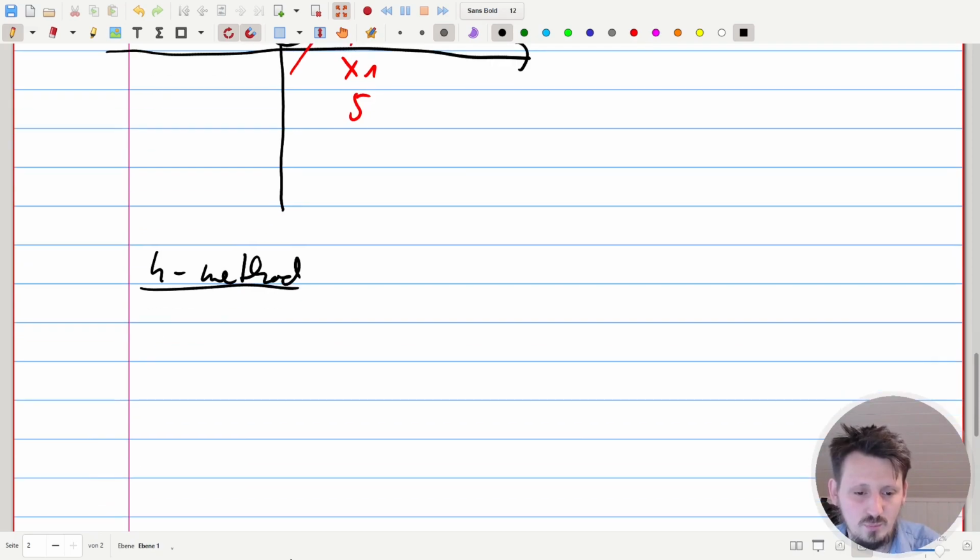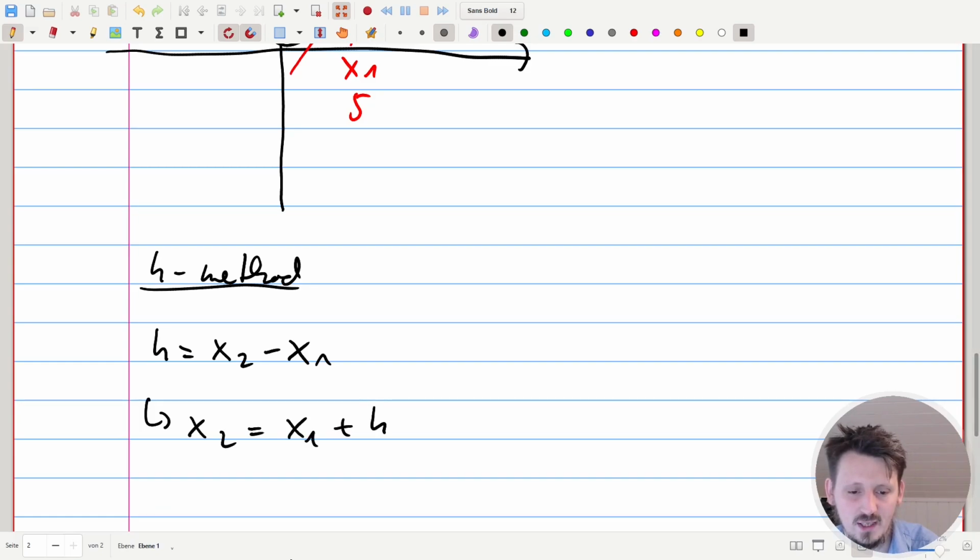So what we do is very simple. We just define a value h, which could mean help, maybe something like that, and define this as the difference of x2 minus x1, which means nothing else than x2 is x1 plus h.